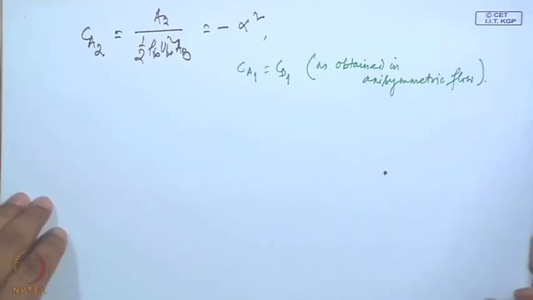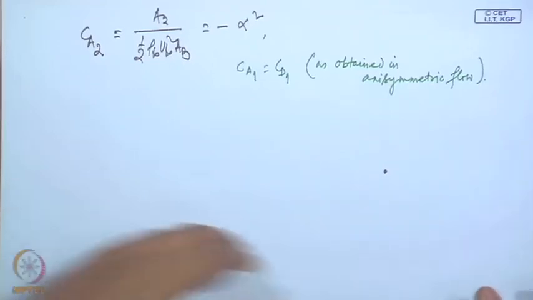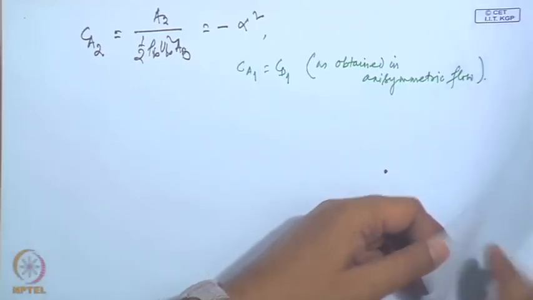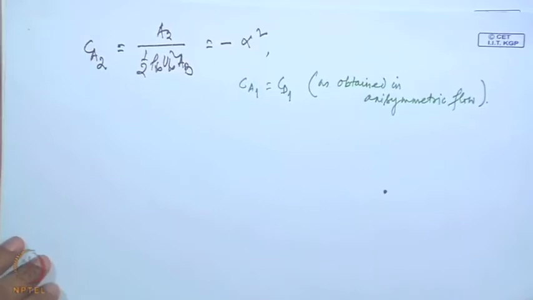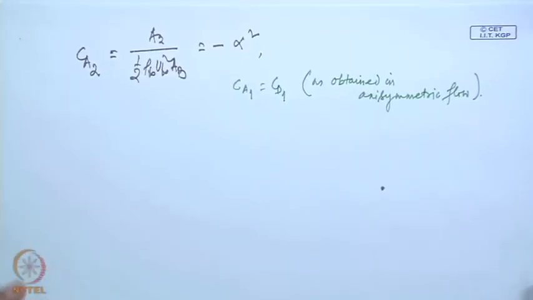So, when a body is in a flow which is not along its axis, that is a body of revolution at an angle, we see that there are two contributions to the axial force, one coming from the axial component of the flow and another coming from the cross flow component of the flow, and there is one normal force component coming from the cross flow.